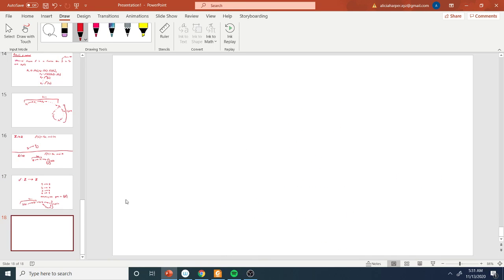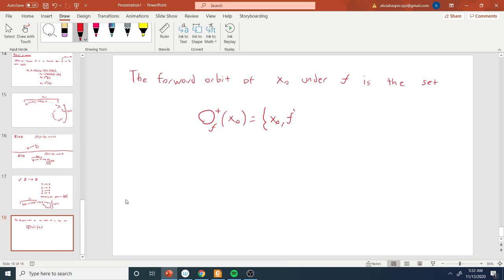So this leads us to the following definition. The forward orbit of x naught under f is the set x naught, f applied to x naught once, and then f applied to x naught twice, and so on.